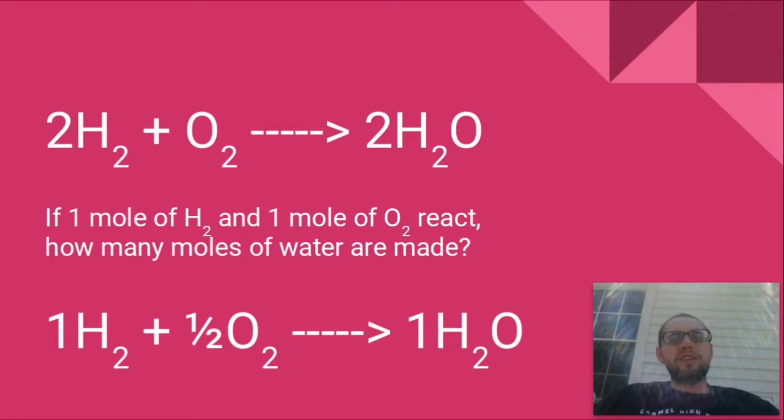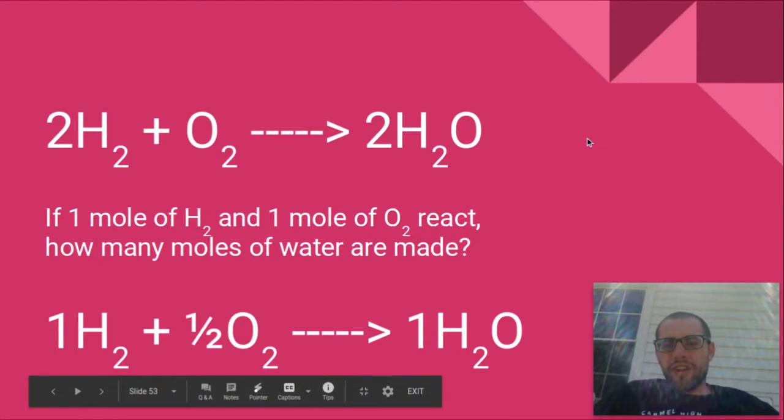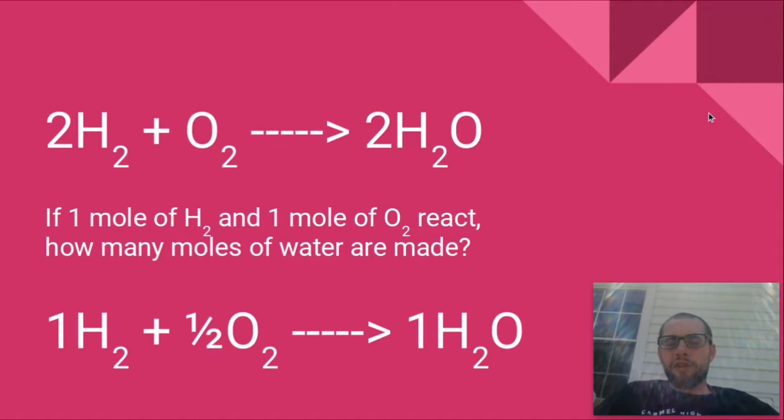And then I'm only going to use half a mole of oxygen gas to produce 1 mole of water. Don't get too upset with this half a mole over here. Remember that a mole is just a counter, and it's a very big number that it's counting. So half a mole is still 3.011 times 10 to the 23rd molecules of oxygen gas. It's still a lot of oxygen.